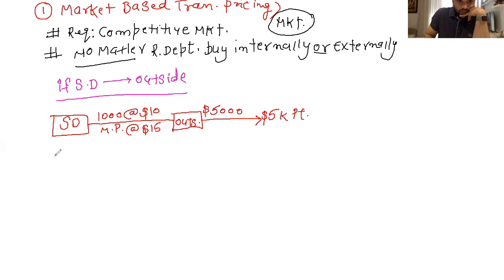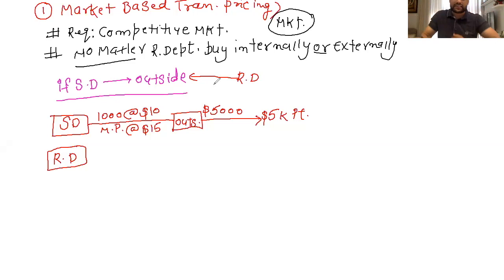Okay, now we have here the receiving division. Here, the supplying division sells outside. So what does it mean? It means the receiving division is buying from outside. They are not buying from inside because it's the receiving division's decision. They choose inside or outside.